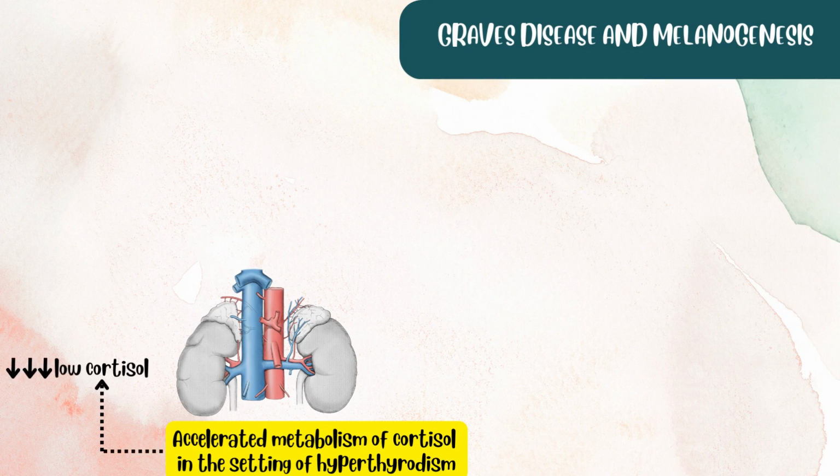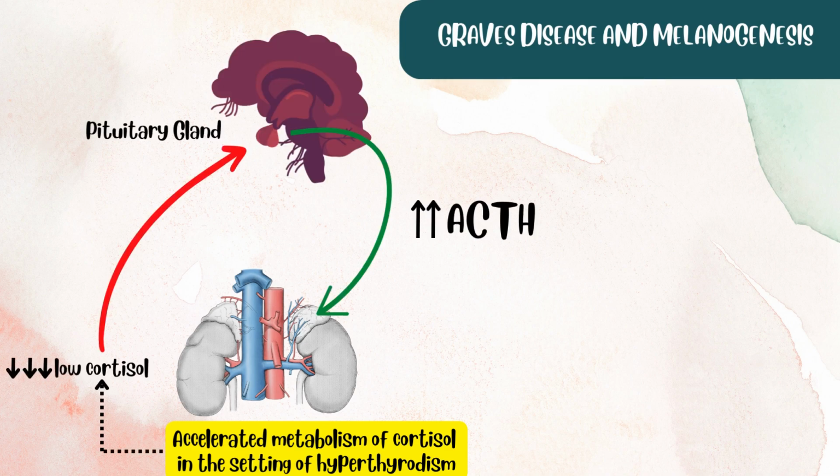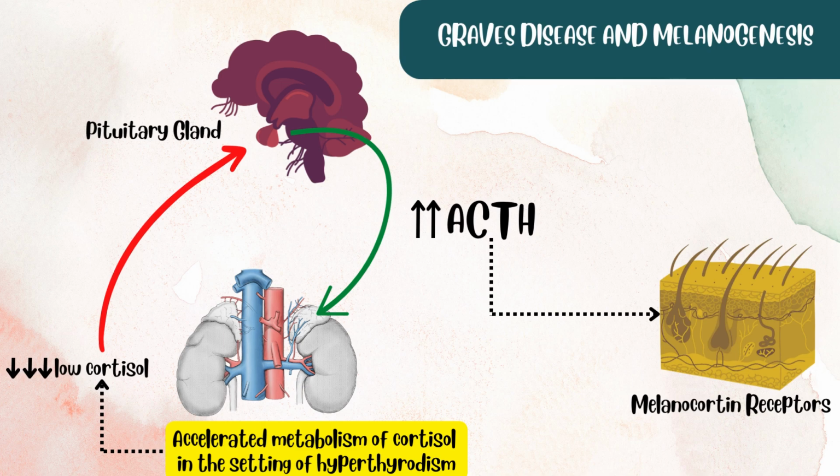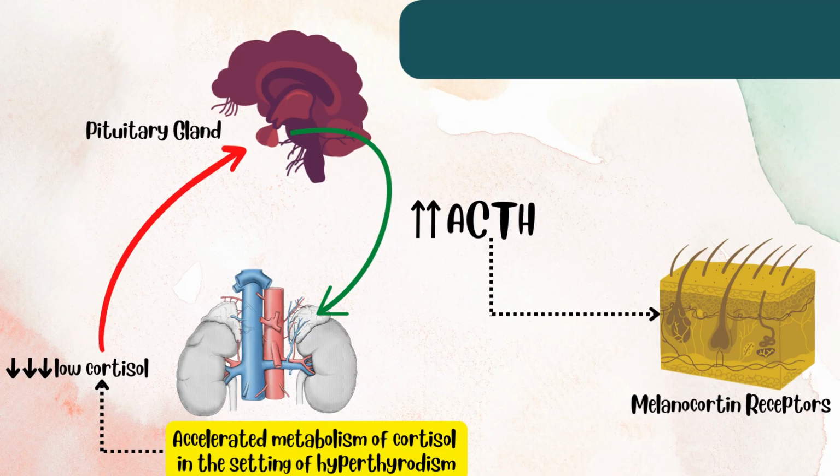Low serum cortisol causes a compensatory increase in adrenocorticotropic hormone, ACTH, due to the loss of negative feedback inhibition of cortisol on ACTH production. ACTH subsequently binds melanocortin-1, MC1R, receptors in the skin to trigger melanogenesis.